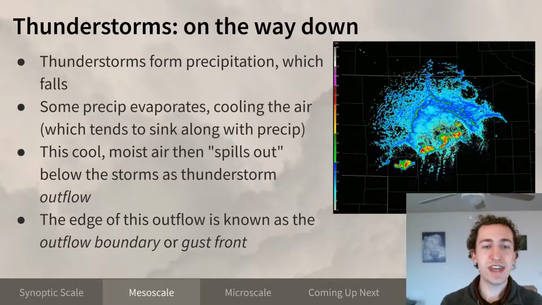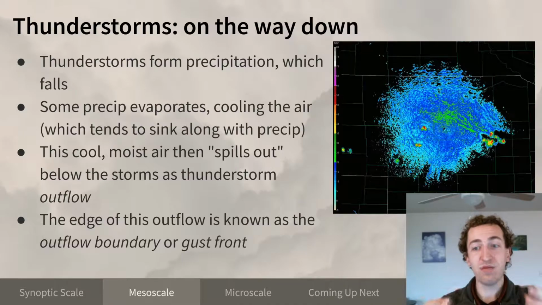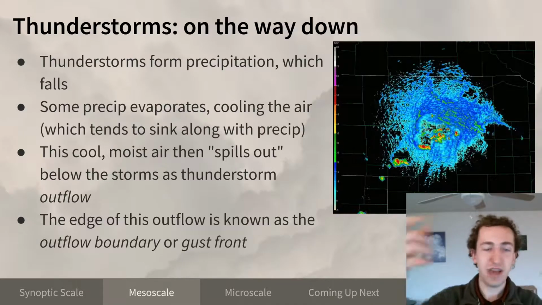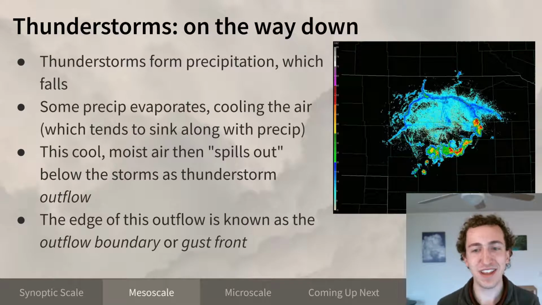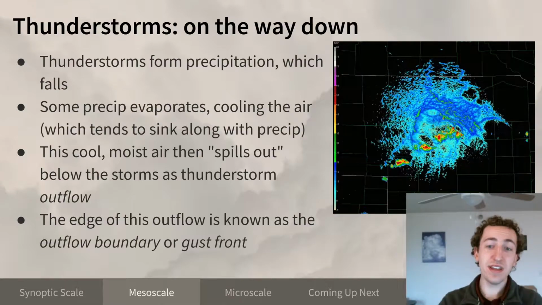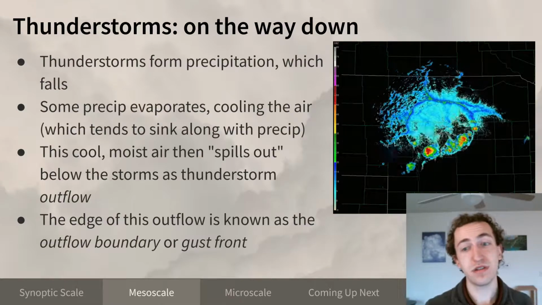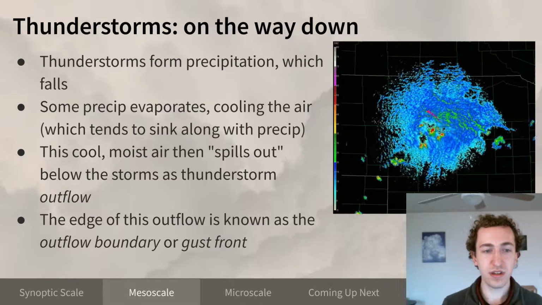And so we get this cool, moist air coming out of these clouds, and it sort of spills out like you would imagine spilling water on the ground or anything like that. It spills out and then spreads out. And this we refer to as the thunderstorm's outflow. And you can see a nice little animation of what this looks like on radar.